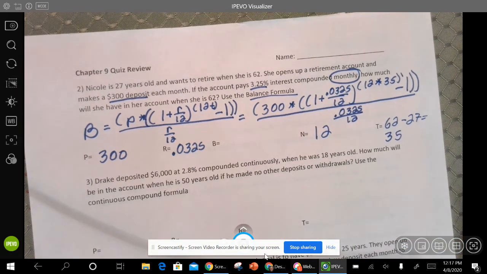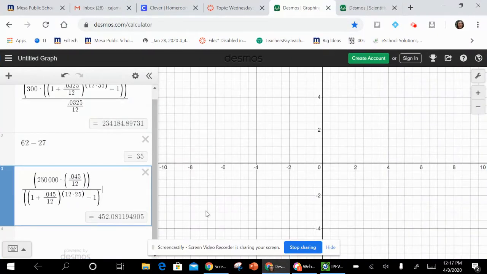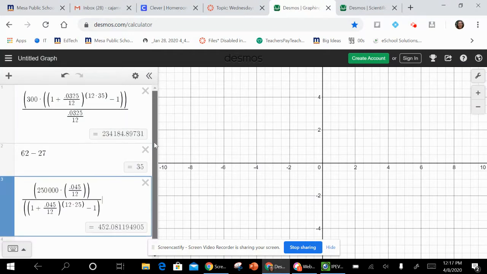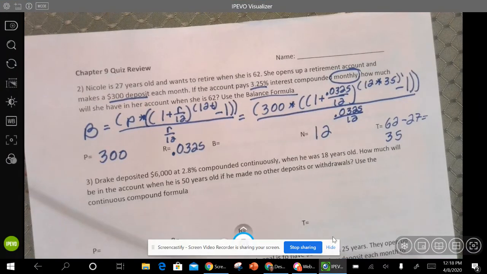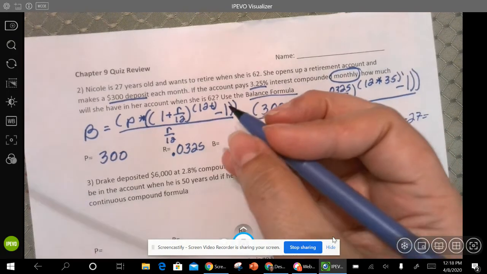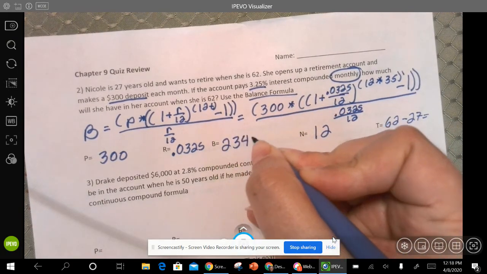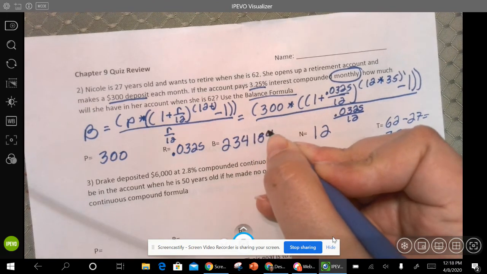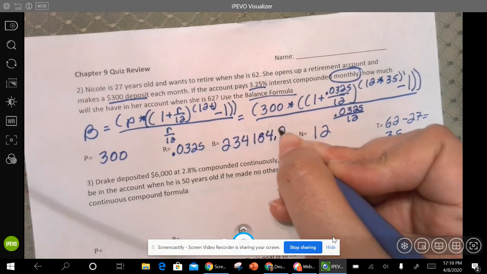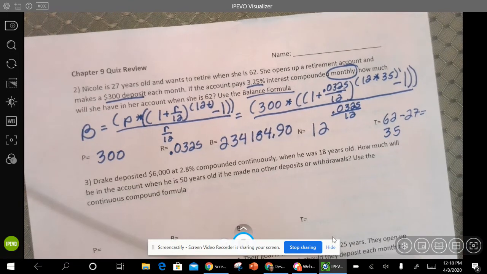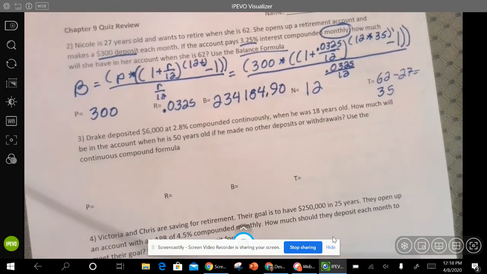So you are going to put that into Decimals. You see I did that, I put it into Decimals right here. So the balance is going to be $234,184.90.